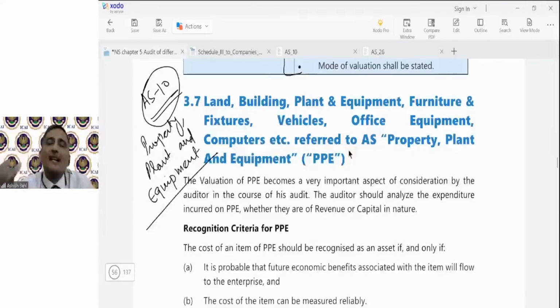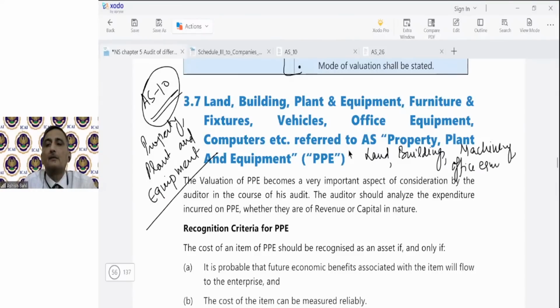All those items, students, like land, like buildings, like machinery, like say office equipment, like motor vehicles. These all fall in the category of property, plant and equipment.